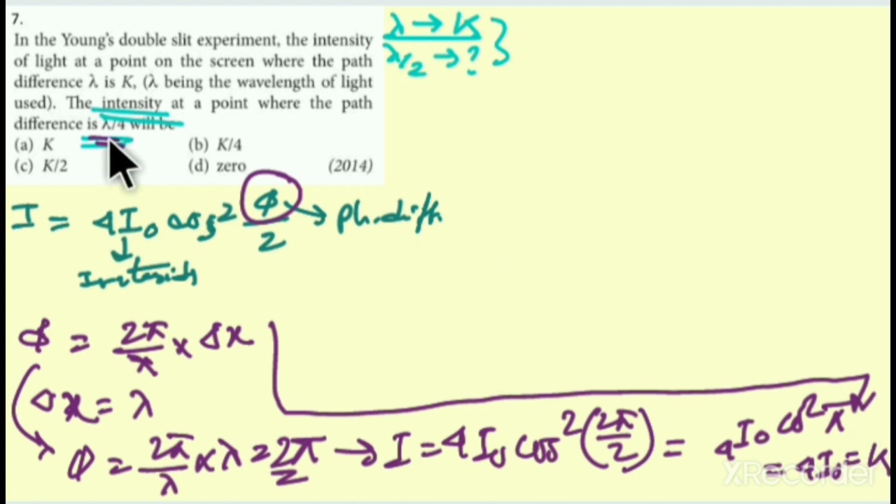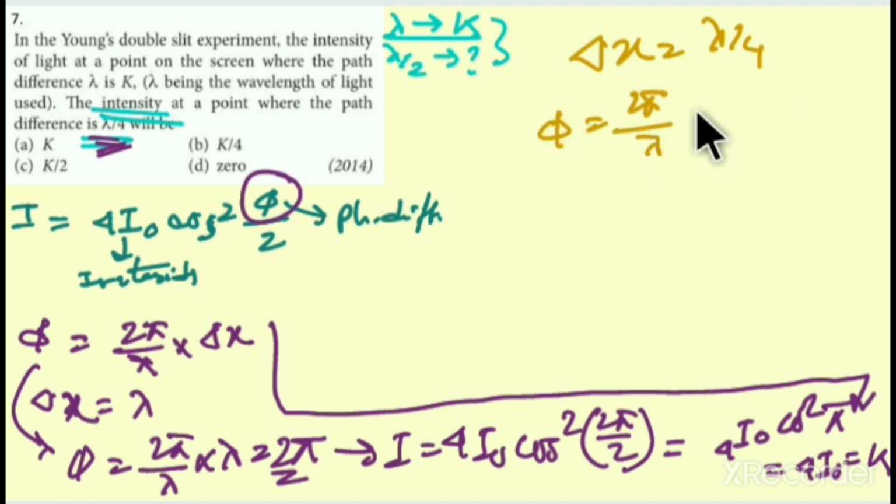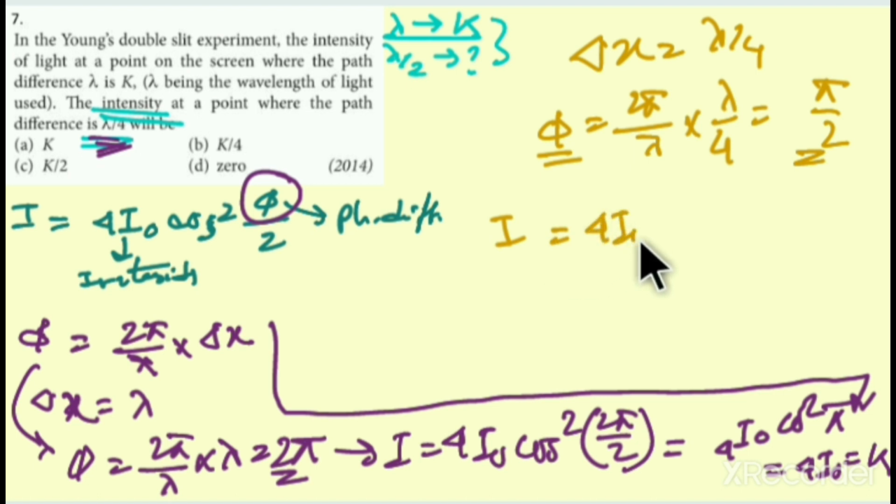Now we will find it for lambda by 4. When the path difference is lambda by 4, our phase difference will be 2 pi by lambda into lambda by 4, that is the path difference, and this will be pi by 2. So we get our phase difference. Now the intensity will be 4I0 cos square, phase difference by 2.